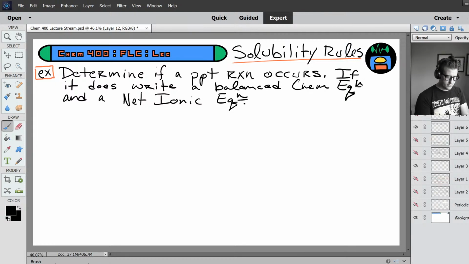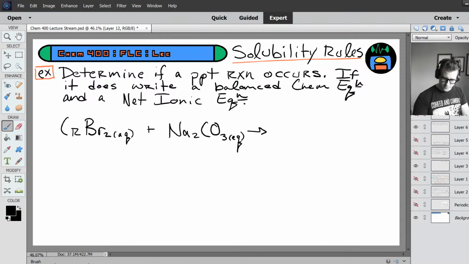Let's determine if a reaction occurs for chromium 2 bromide, which is aqueous, and aqueous sodium carbonate.